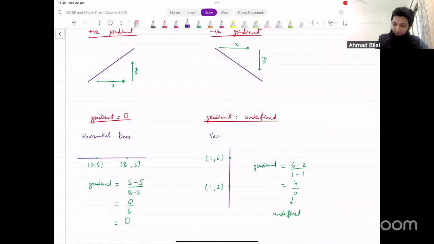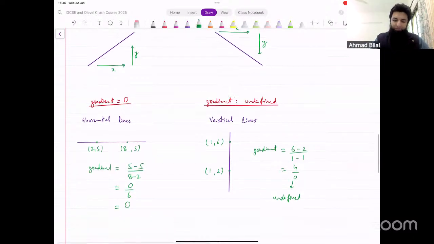So undefined gradients are when you have vertical lines. Okay, now this is what you need to remember. What positive gradient lines look like, what negative gradient lines look like, what horizontal lines look like, what the gradient of 0. When would you get a gradient of 0? When lines are horizontal. And when would you get a gradient of undefined? That is when you have vertical lines.